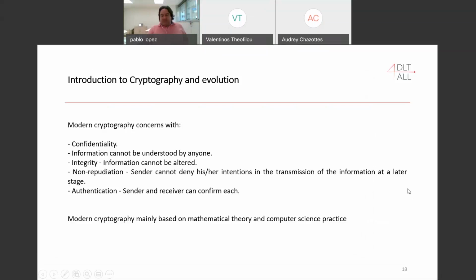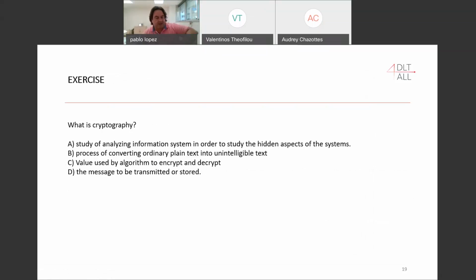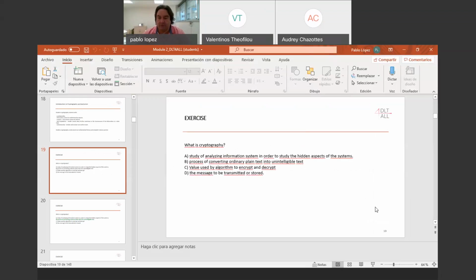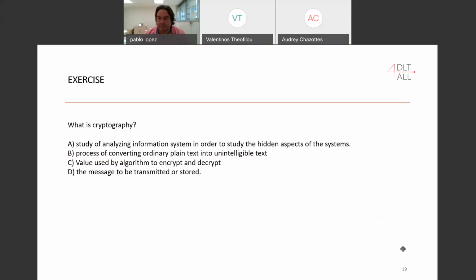Okay, let's do an exercise, and to make this exercise, I ask you to participate. If you are still attending, you will have your chat open, and I want you to answer the following questions, just writing the answer in the chat.